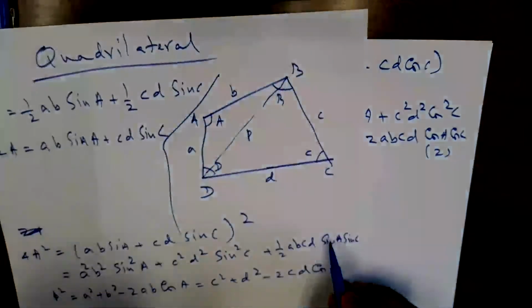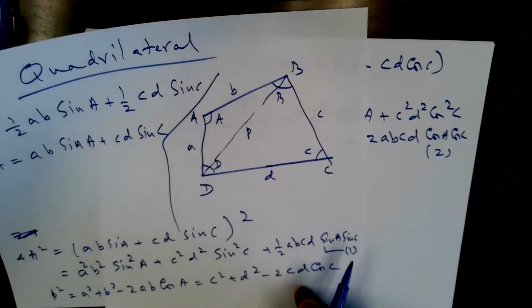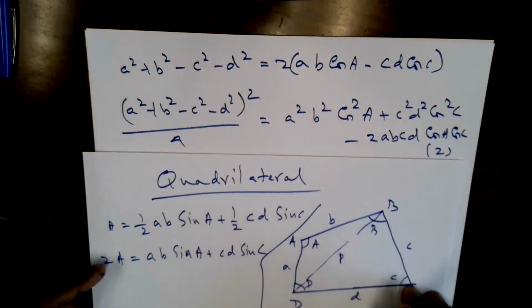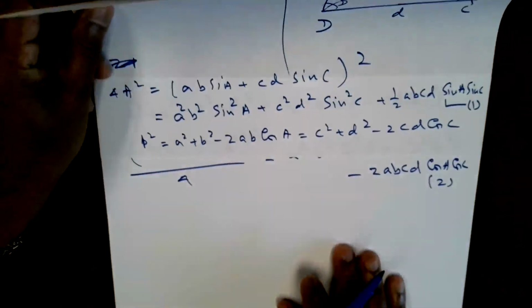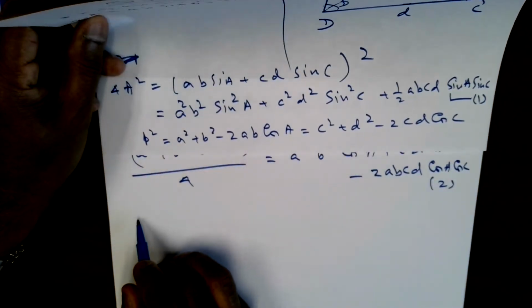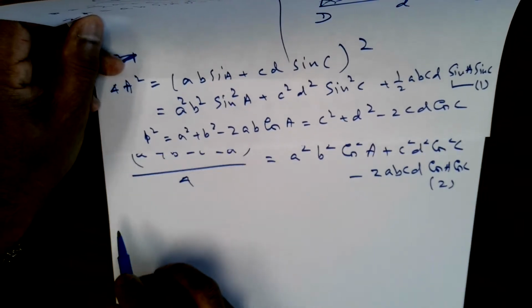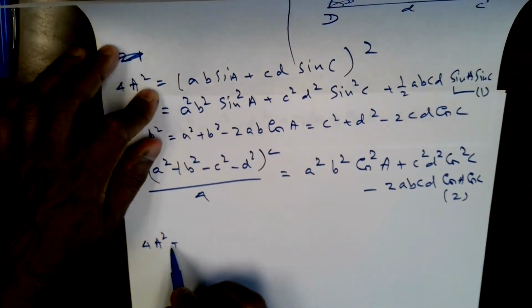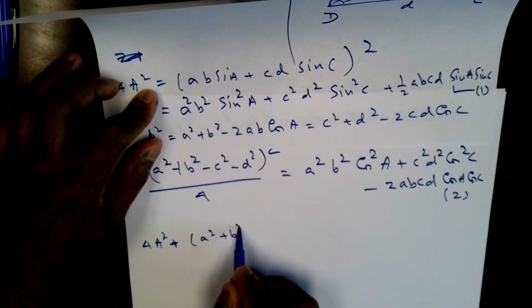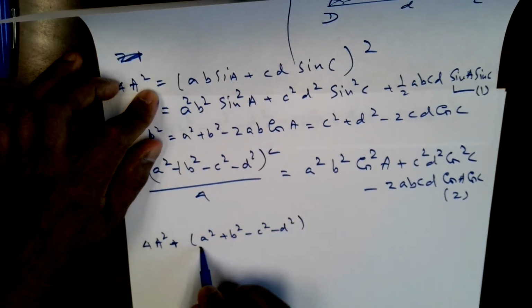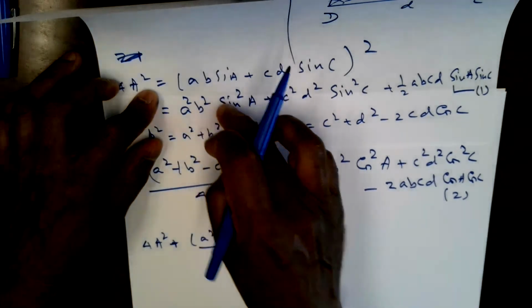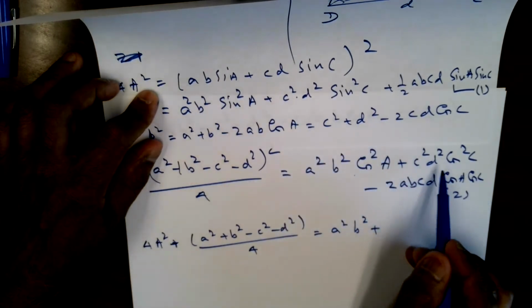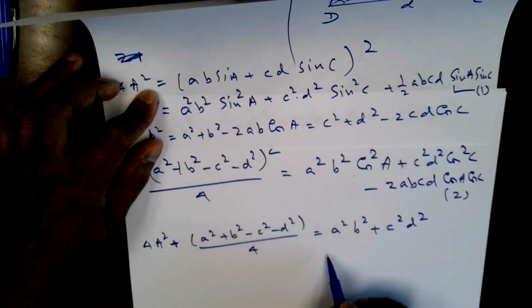So I want to combine this with this expression for p squared. You can begin to see that if I add both these terms, 4p squared plus, you have to have some faith in this now, a squared plus b squared minus c squared minus d squared over 4, we are going to add this term to this, so that gives us a squared b squared plus this term, that's simply c squared d squared.